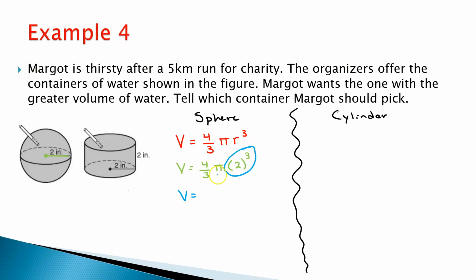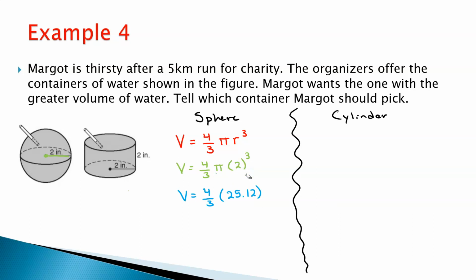And I'm going to multiply now times pi. So I'm going to multiply 8 times 3.14. That gave me, I'm going to show my work up to this point, 4 over 3 still, times 25.12. So all I did was 2 to the third power, 2 times 2 times 2, and then I multiplied that by 3.14.